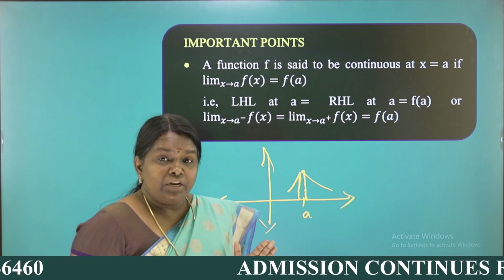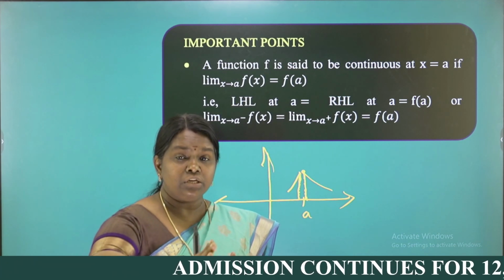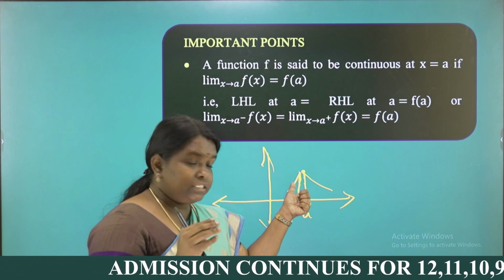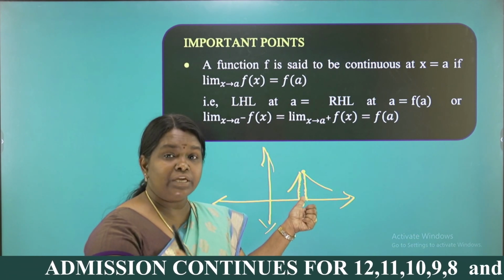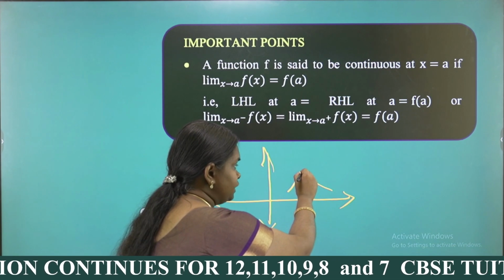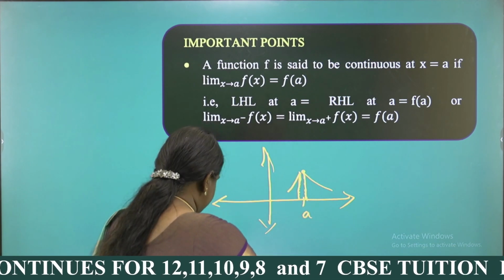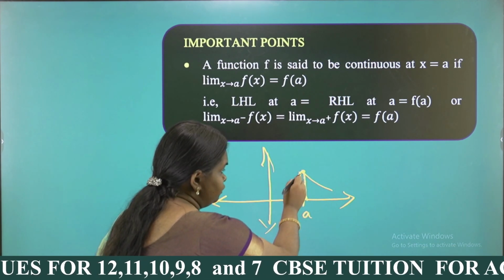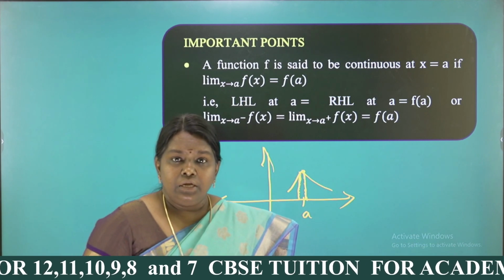That means when we draw the graph of a function, there is a break here, so we can say that the function is not continuous. So I'm going to join this so that now it is continuous. Clear?